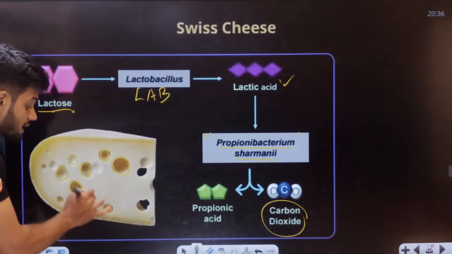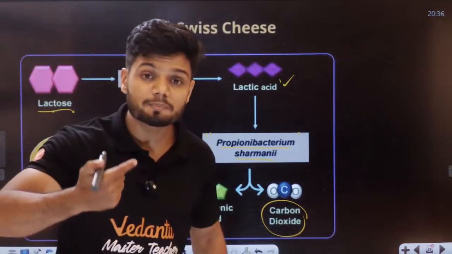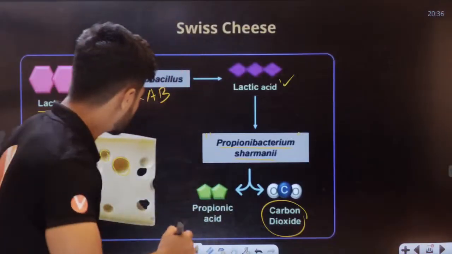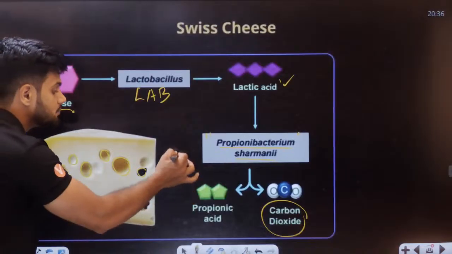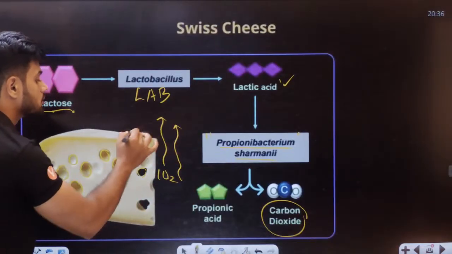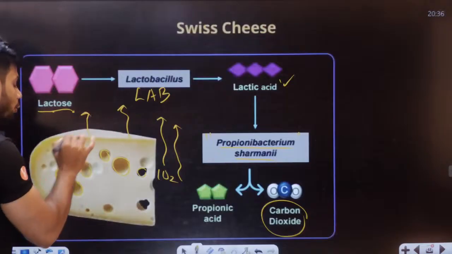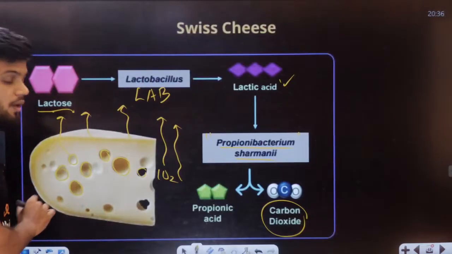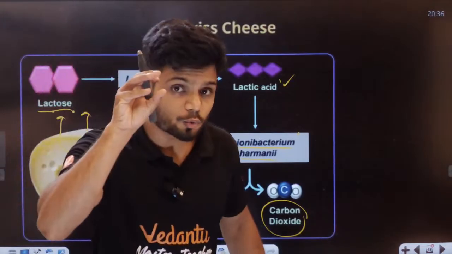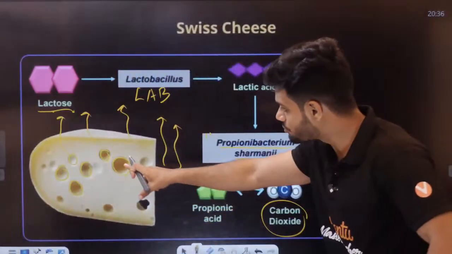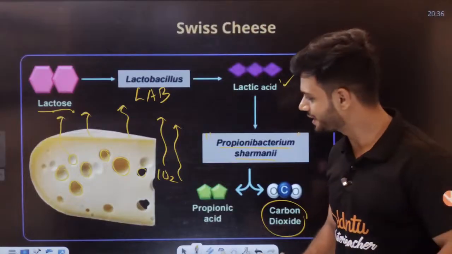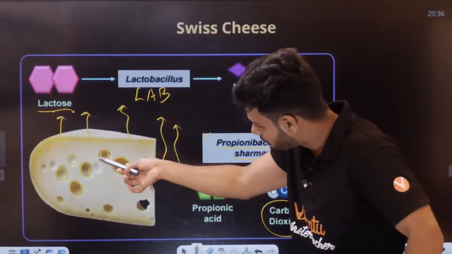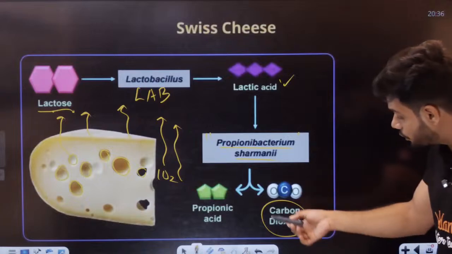When the cheese is aging, as the cheese becomes older and older, this CO2 which is trapped will escape out. When the CO2 escapes out, that will make the small holes in the Swiss cheese. Crazy, no? So these small holes are because of the escaping of the CO2.